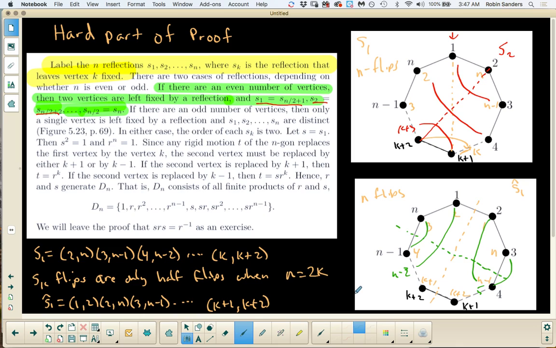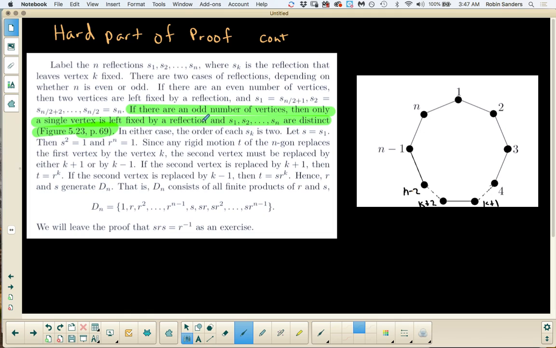Now it turns out that we have to account for both of these kinds of flips when we are at the end of this proof. But the next thing that the author says, of course, is dealing with the odd ones.